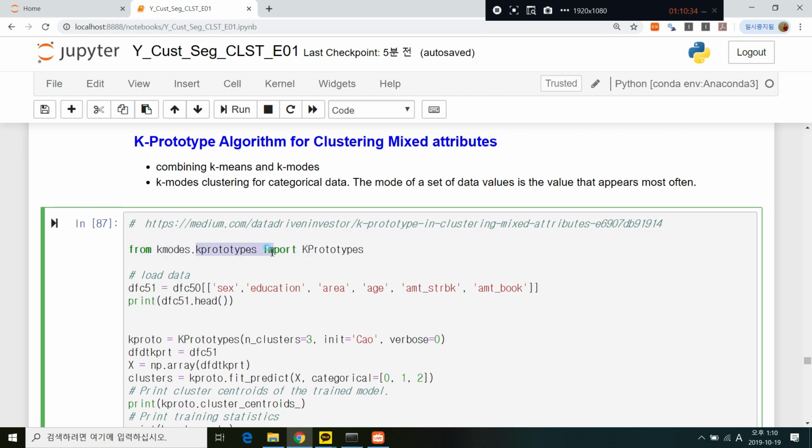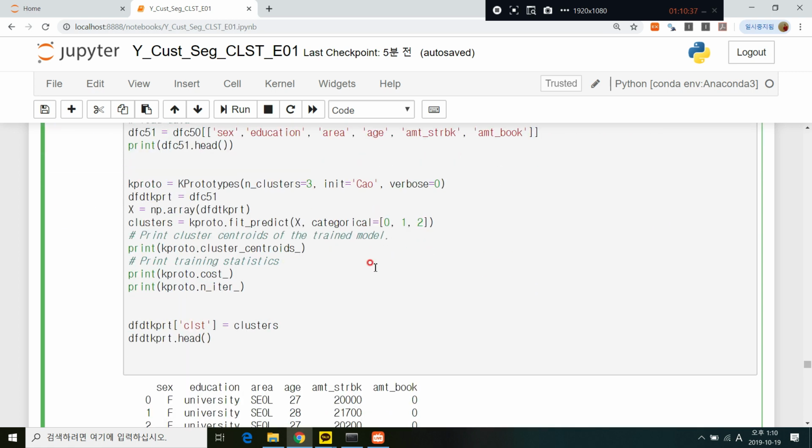We call K-prototypes and apply the K-prototypes function to our data set to make 3 clusters: education and area. Those kinds of new variables could be easily included because we use an algorithm that is built to automatically deal with categorical variables.